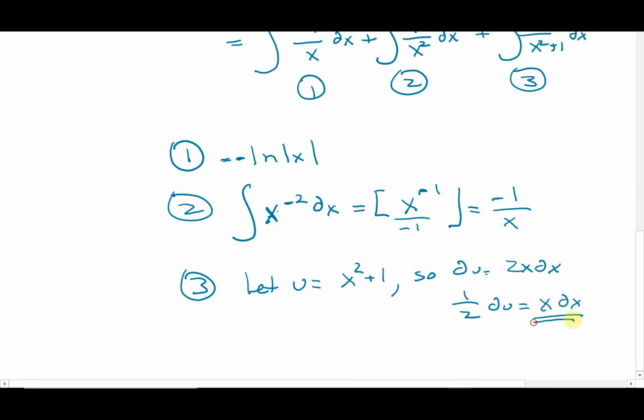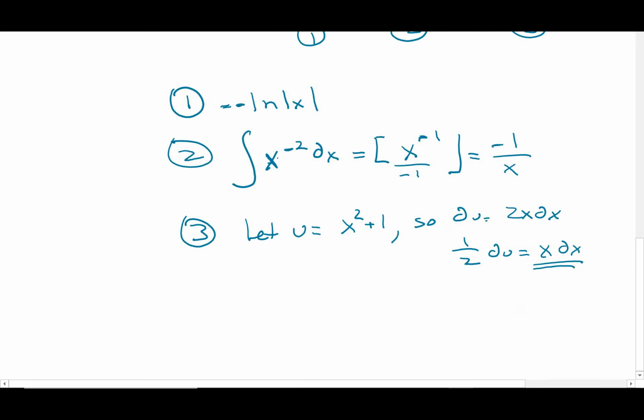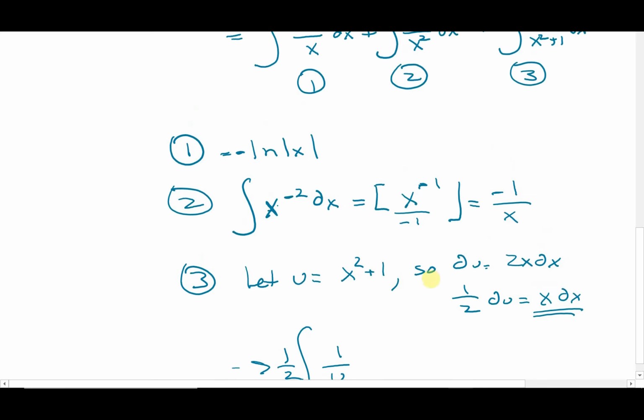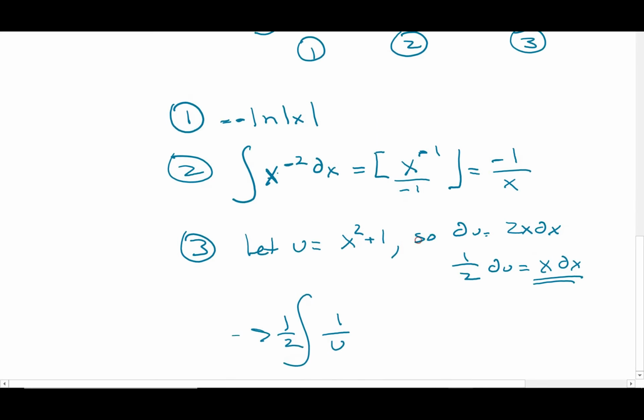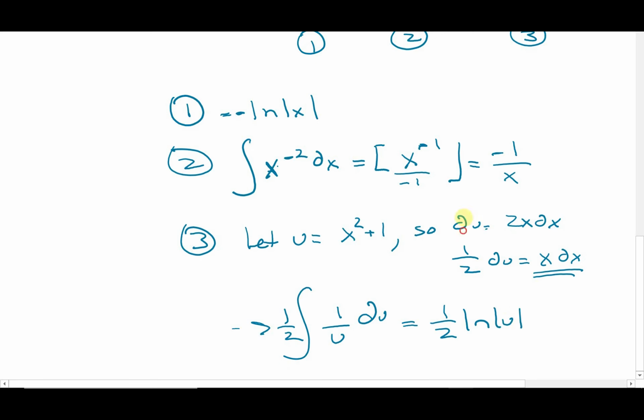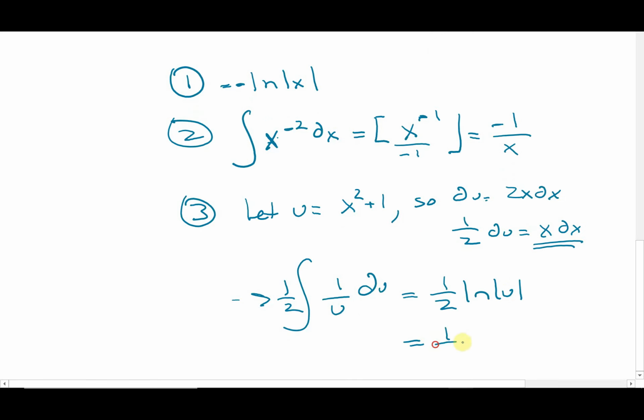We took care of the numerator by 1/2 du, and we have the denominator. So it's going to be 1/2 times 1 over u, because u is x squared plus 1. du takes care of the rest. And this is just 1/2 ln u, or putting it back together, 1/2 ln of x squared plus 1.